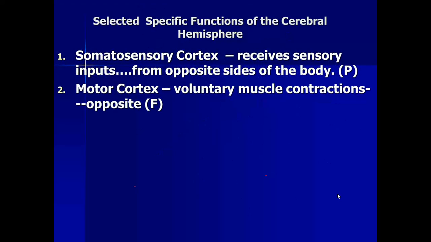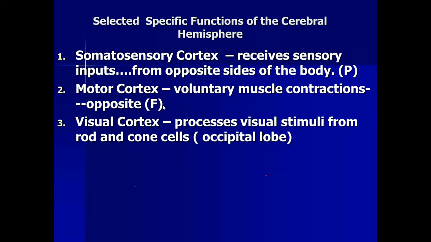Here are some of the things that, if we were taking an IB test, they would want you to know specifically. The first two things we spoke about relate to sensory inputs: sensory and motor inputs from the left side of your body go to the right side of your brain, and the other way around. This involves the parietal and frontal lobes. Then the visual cortex, from the rod and cone cells.